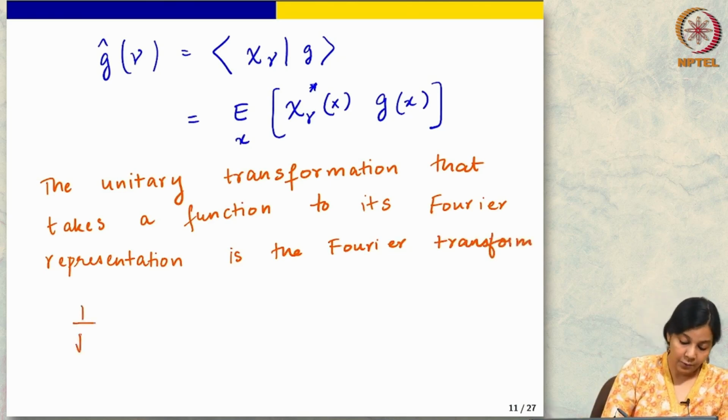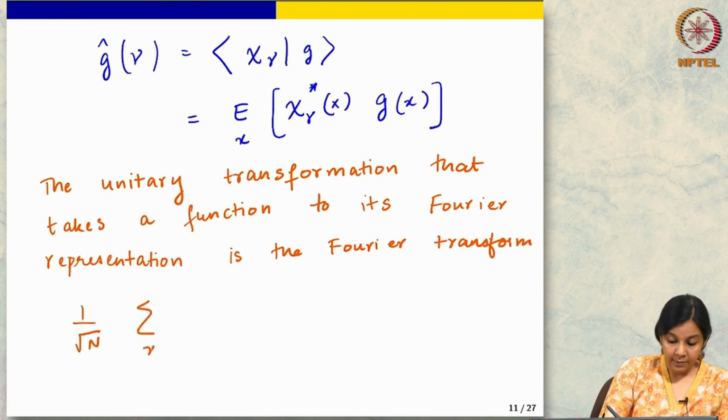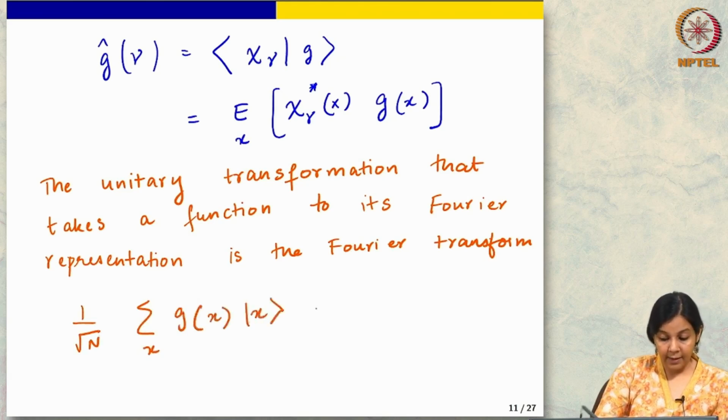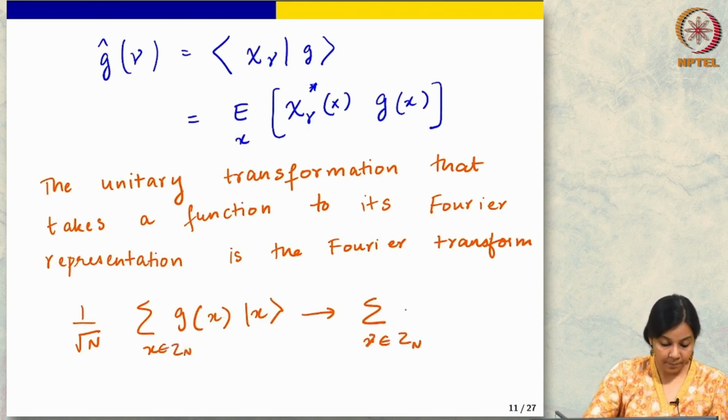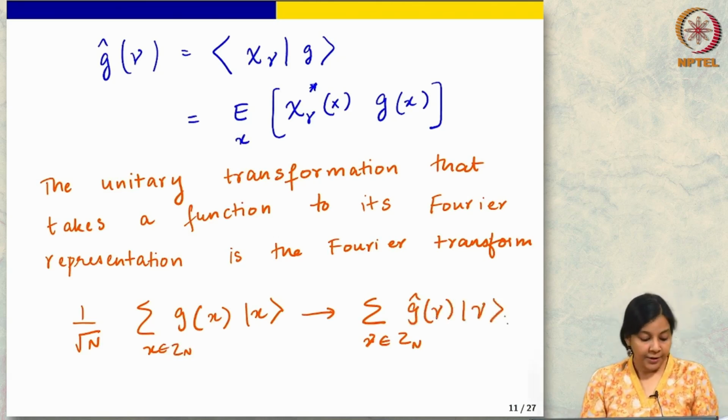So 1 over square root n summation over x g(x) |x> goes to summation over gamma g hat(gamma) |gamma>.